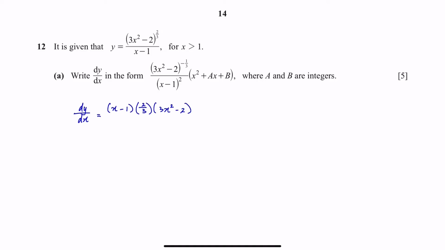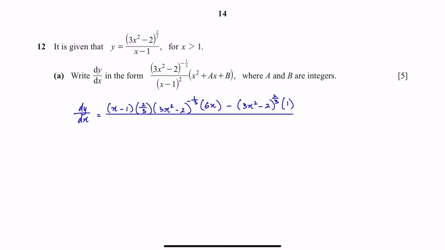And 2/3 minus 1 would give us negative 1/3 times, and we differentiate this thing inside here to get 6x, minus this thing over here, which is (3x squared minus 2) to the power of 2/3. And we differentiate this thing over here, which is just 1.